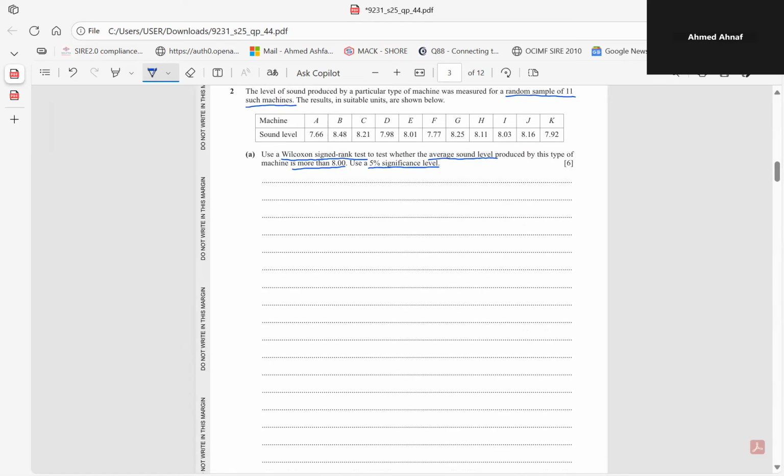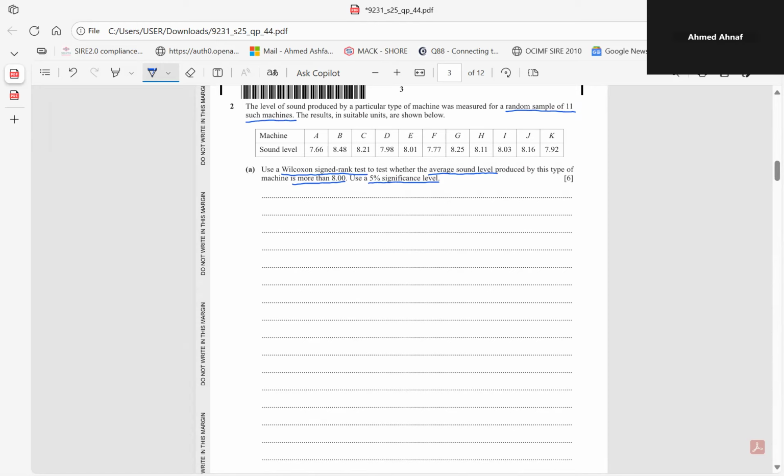Okay, so just like with any other hypothesis test, let's first define our null and alternative hypotheses. For Wilcoxon tests, instead of using mu, it's better to use m for median. So H0 is m equals 8.00, and H1 is the one that the question told us to test, so m is more than 8.00.